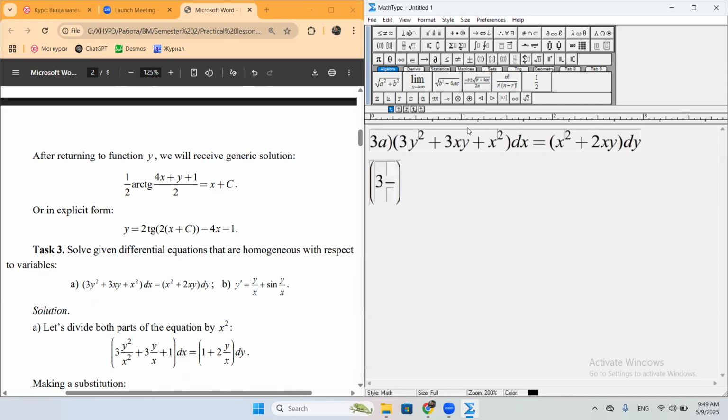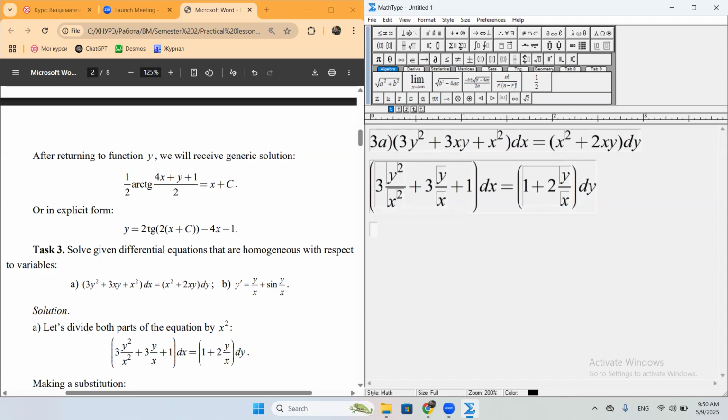What will we receive? (3 y squared over x squared plus 3 y over x plus 1) dx equals (1 plus 2 y over x) dy.